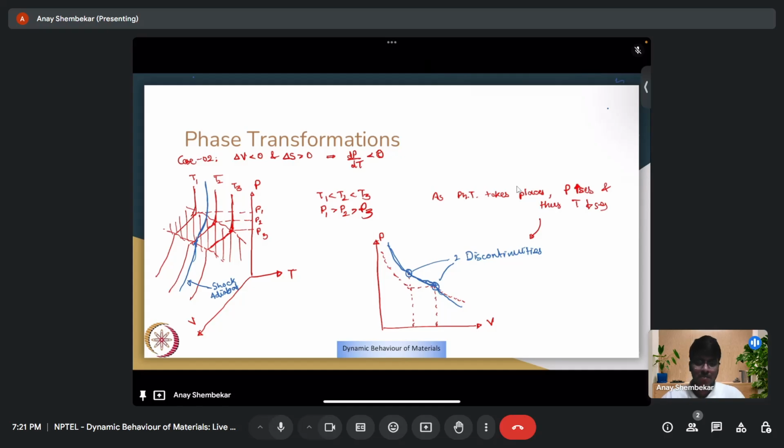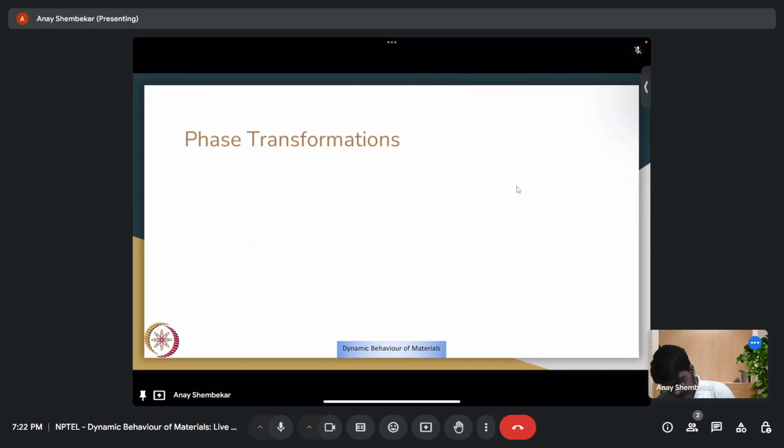One more part related to phase transformations is that if you have two phases coming together, so if I want to draw it in a PV diagram, how the discontinuity could look like.